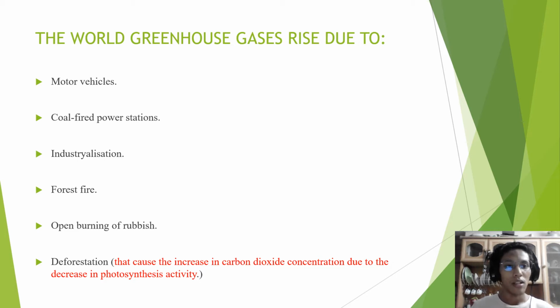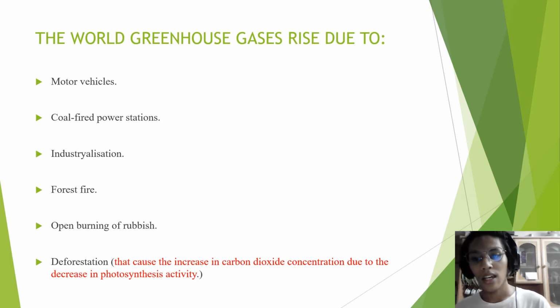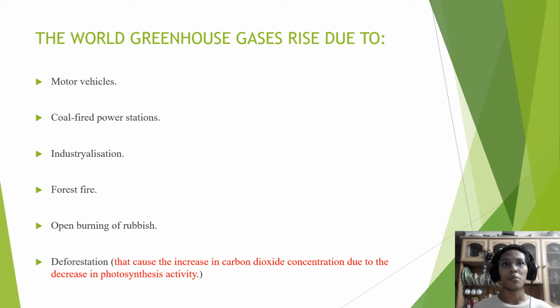So the second one, coal-fired power station. The coal-fired power station burns coal at a high temperature to convert the energy into electrical energy. This electrical energy will be distributed to houses, industries, and factories so that they can operate efficiently.